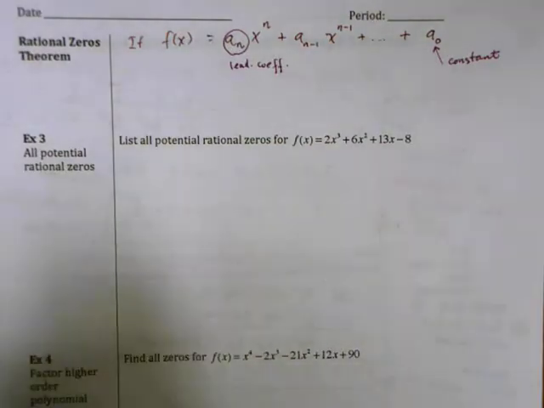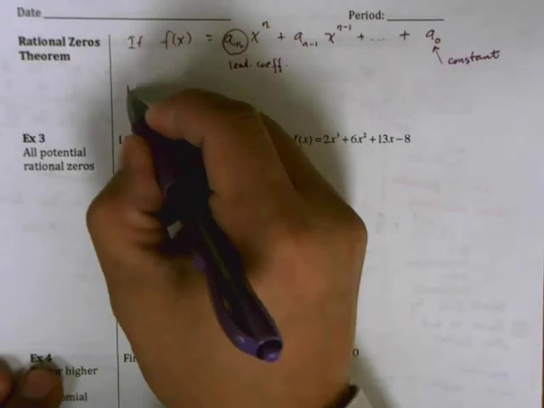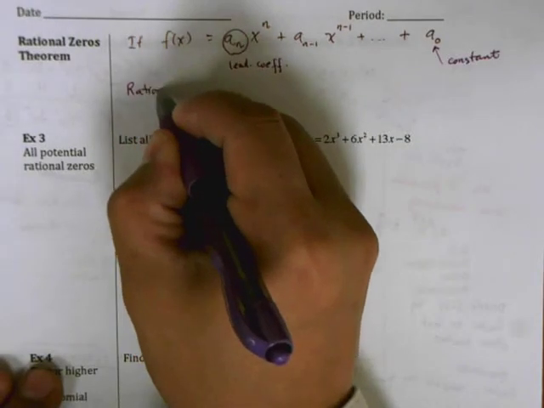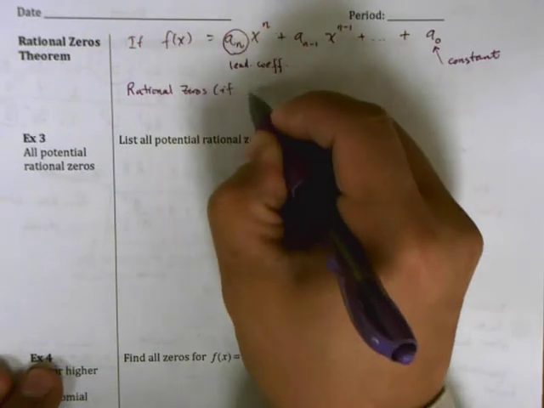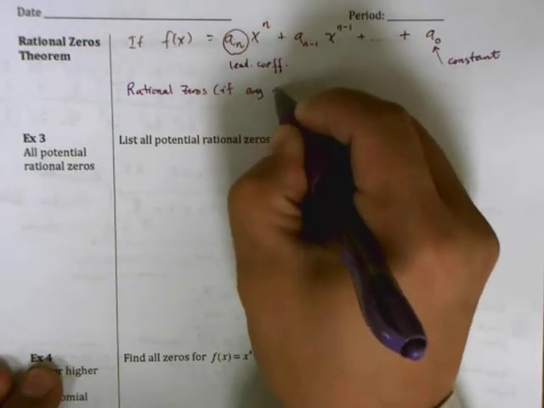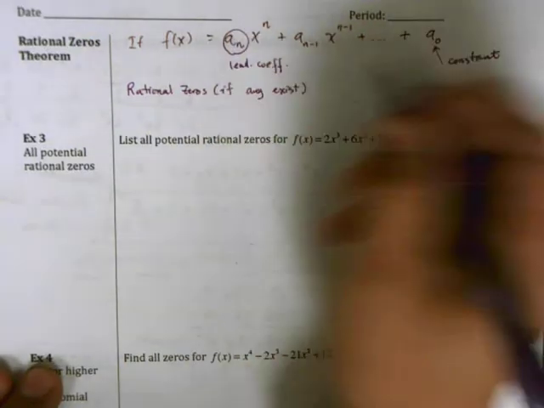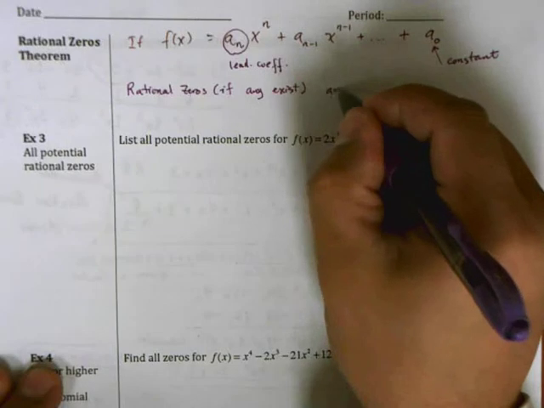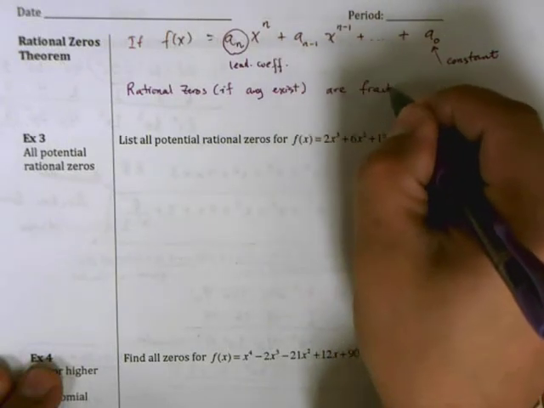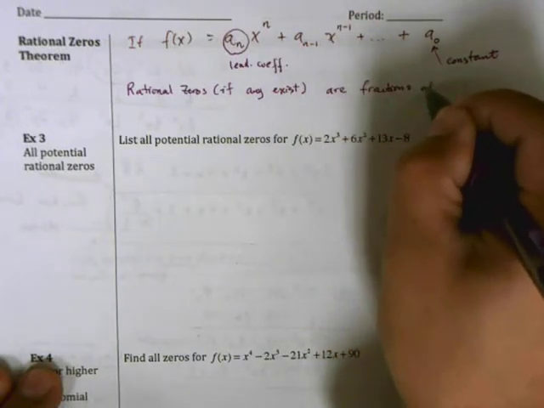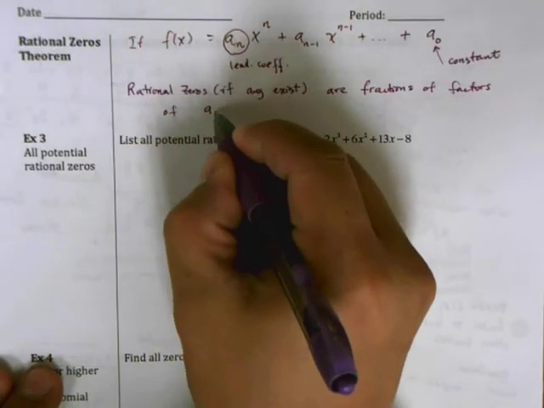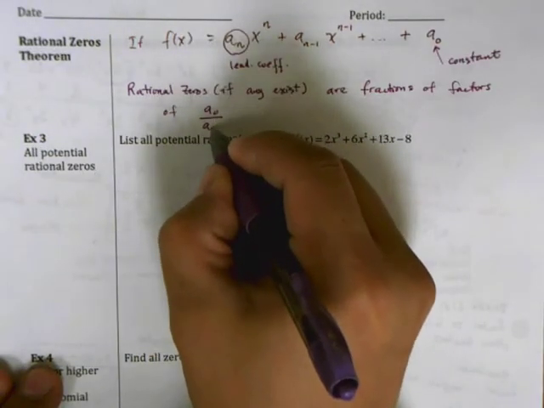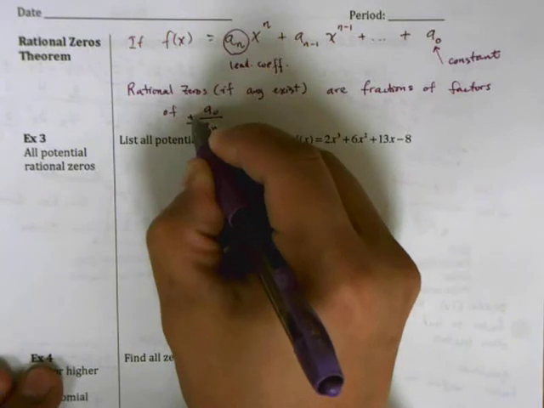If there are any rational zeros, so this theorem is saying that all of the rational zeros, if any exist, are fractions of factors of a sub 0 over a sub n, plus or minus.